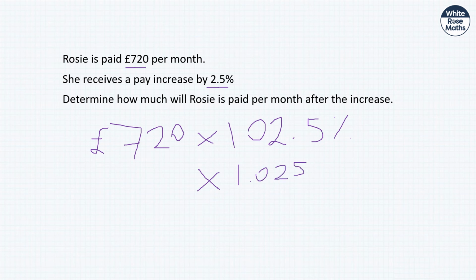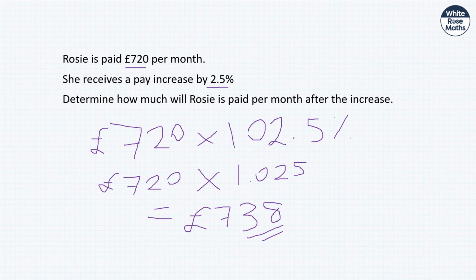1.025 times 720 on my calculator comes out as £738. So she will be getting £738 after the 2.5% pay increase.